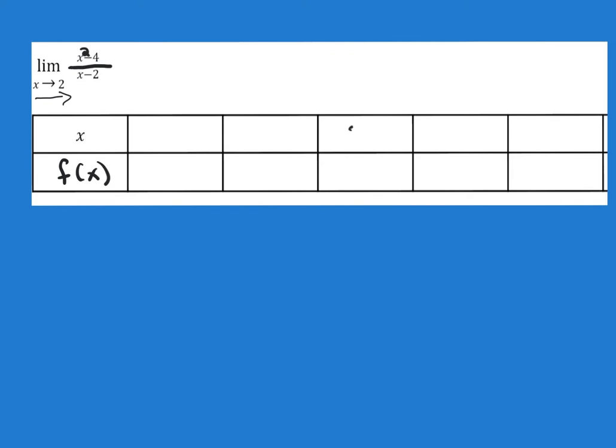So what I'm going to do is kind of put 2 in the middle, and I want to get really close to 2. So we could, on the right, 2.001 and 2.1, and then on the left, 1.999 and 1.9. Okay, so now I'm going to get out my calculator and show you a couple tricks on how to get these numbers easily.